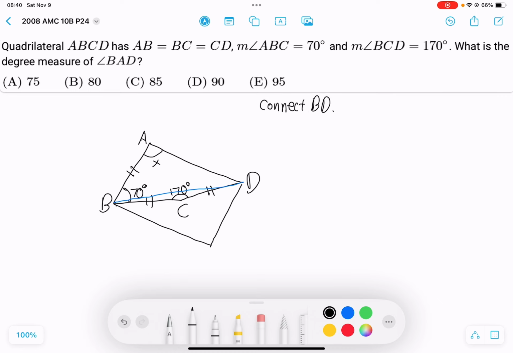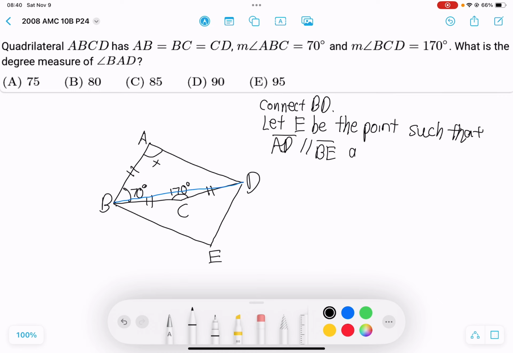And say this point was E. Let E be the point such that AD is parallel to BE and AB is parallel to DE.